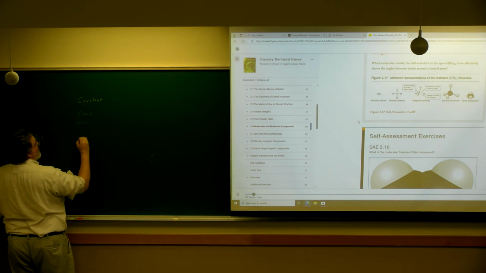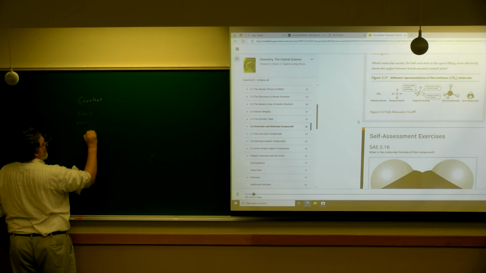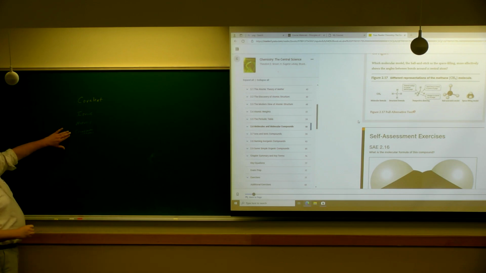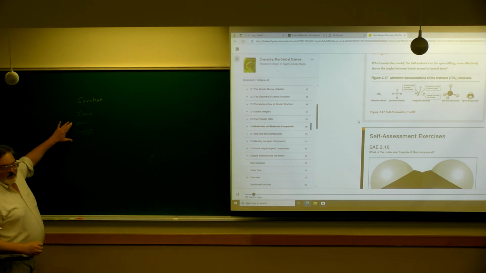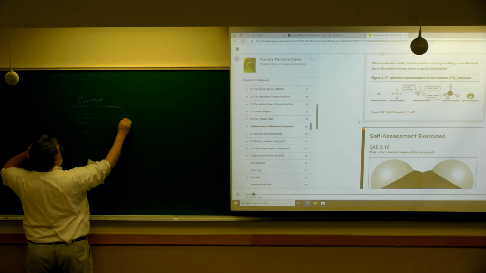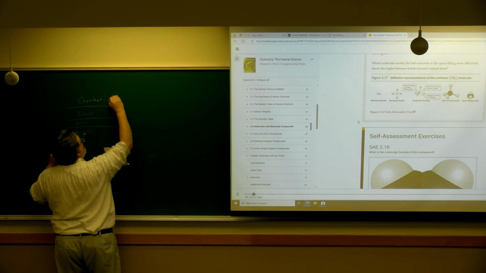There's also metallic, and there's this says coordinate covalent. Don't worry about this one. And metallic actually comes up pretty rarely. But I like to make this chart, and I'll remind you of it because covalent means all the atoms involved are nonmetals.